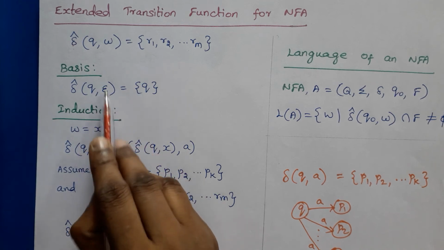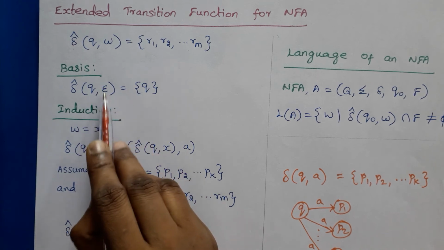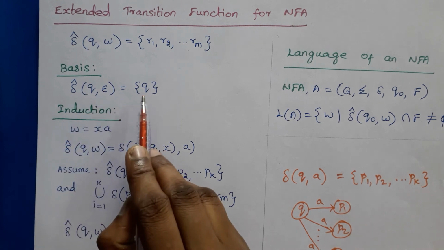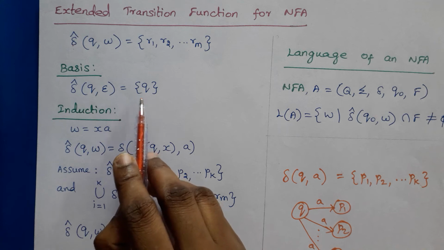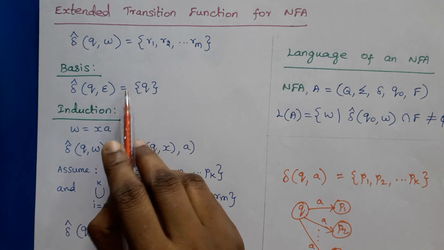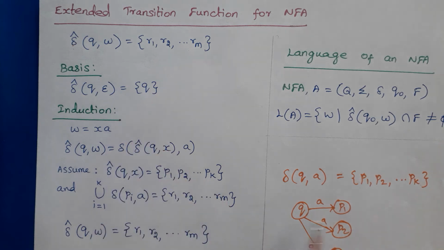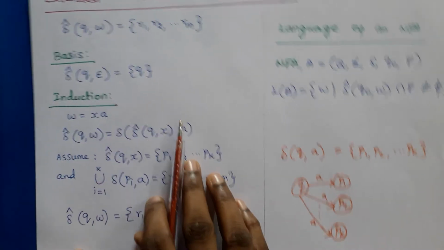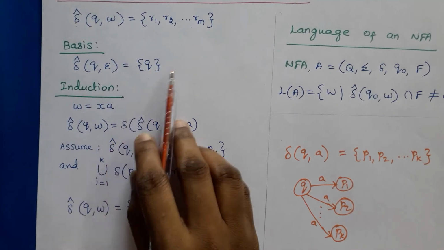That is, without reading any input symbol, if we are in state q, we will still remain in q. And in an NFA, even if the next state is a single state, it should be represented within set braces, because an NFA may have any number of states.